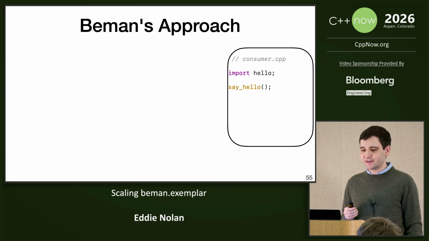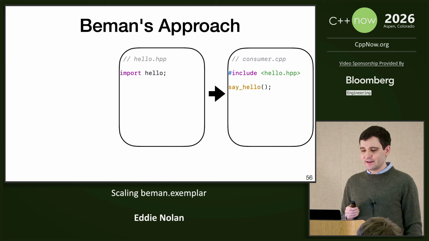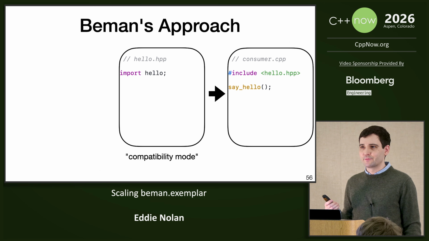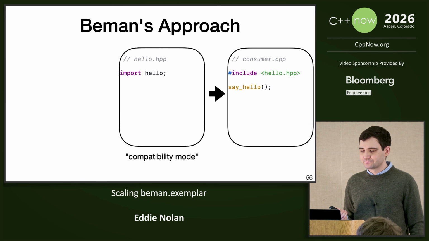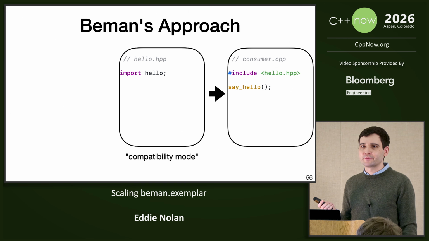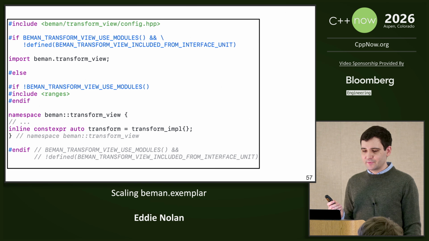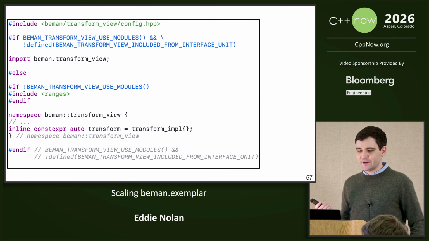And so it would also be nice if we had a compatibility mode for the hello.hpp header, where if you include it, it just turns into an import statement and brings in the module that way. And so how do we support all of these three different modes for the same header? So this is what the transform_view.hpp header looks like right now.